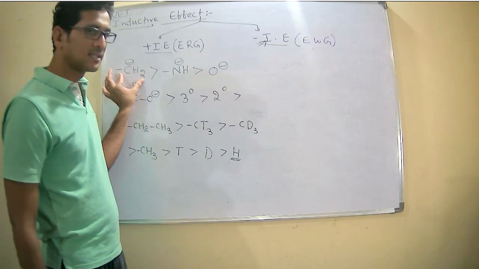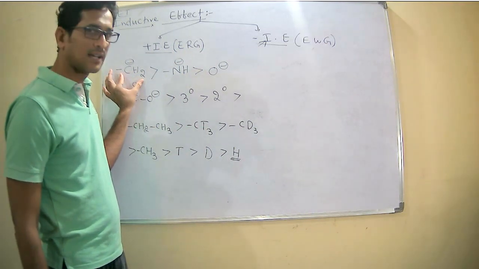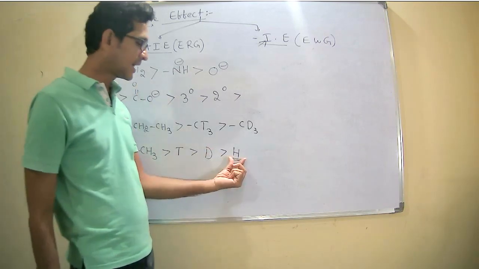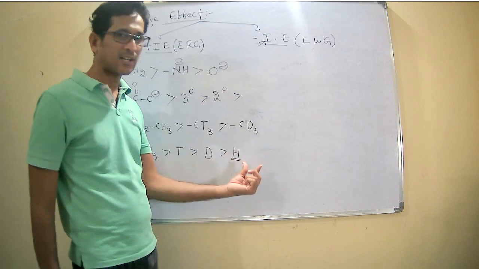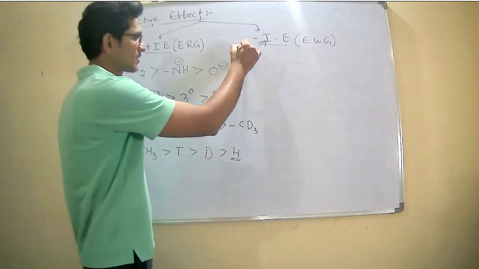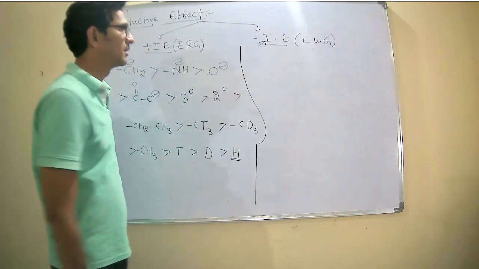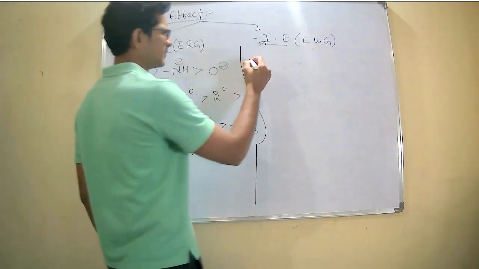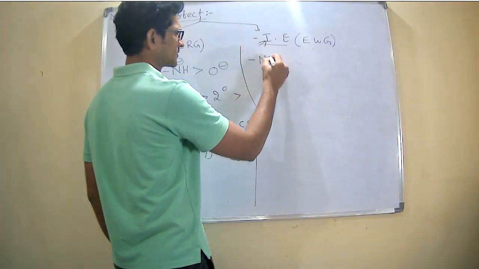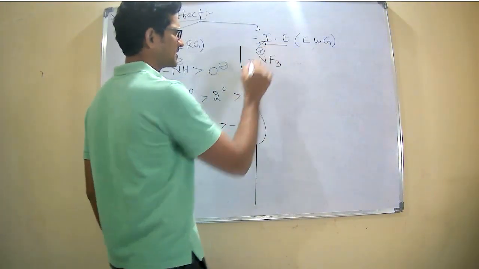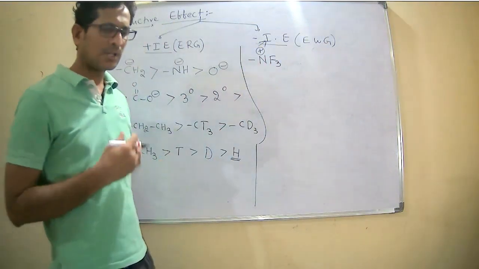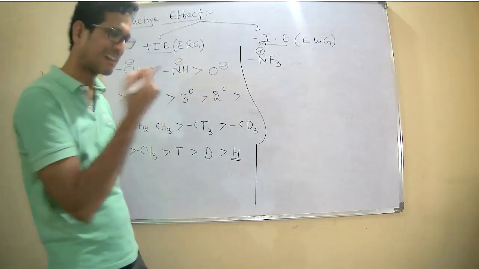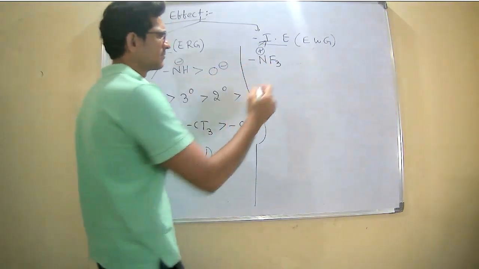So here CH2 minus acts as a strong electron releasing group, whereas hydrogen acts as a weak electron releasing group. On the other hand, in the minus inductive effect or electron withdrawing property, similarly, NF3 plus is a strong electron withdrawing group, meaning a greater electronegative group, which can withdraw electrons readily from the adjacent atom.